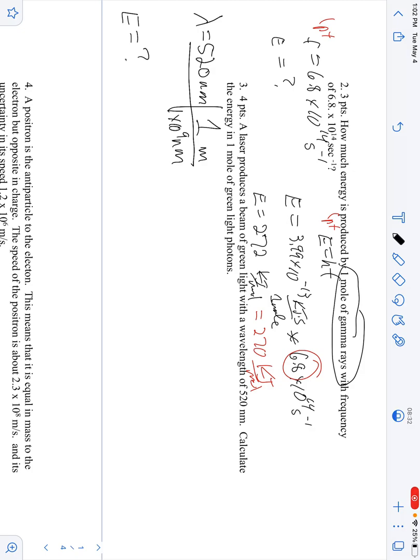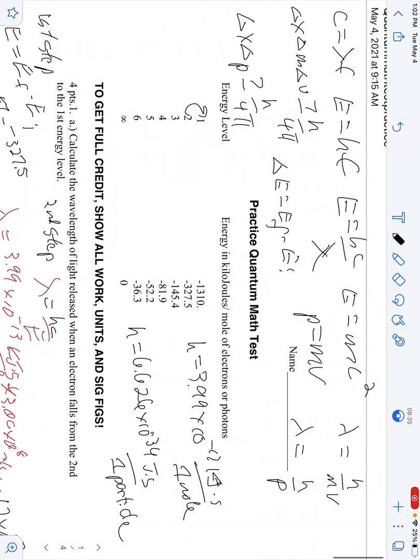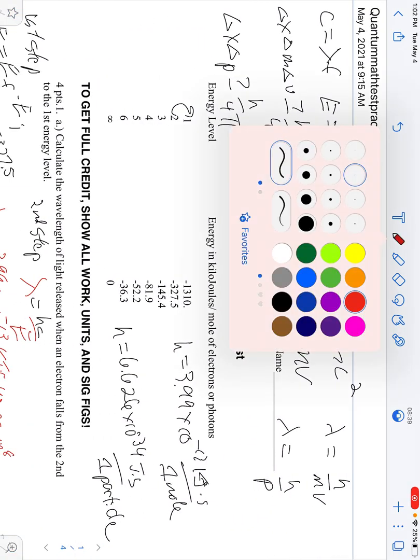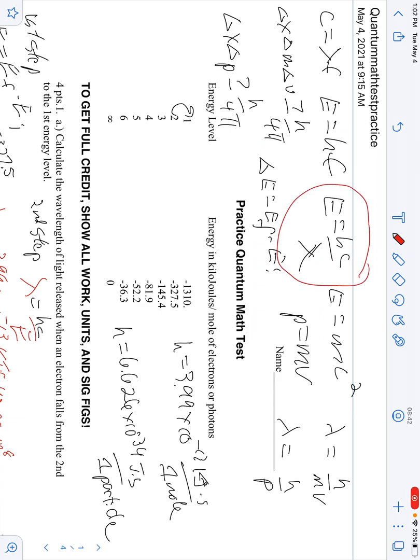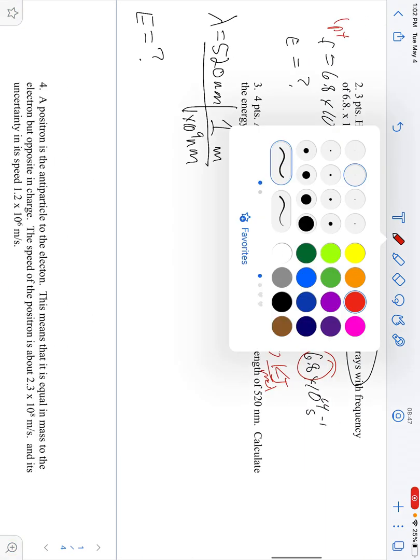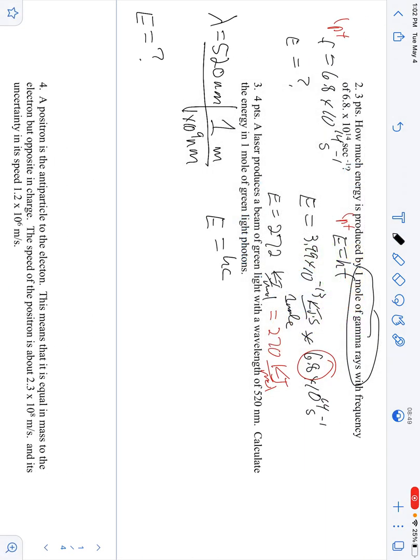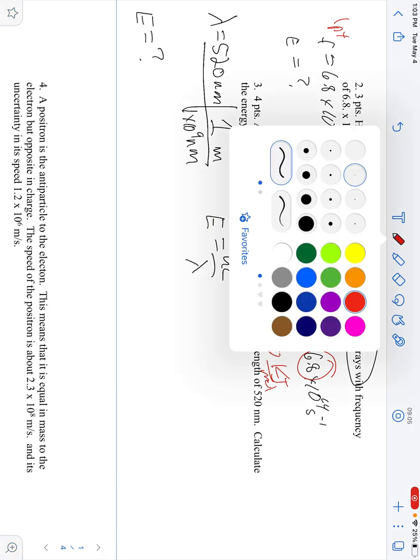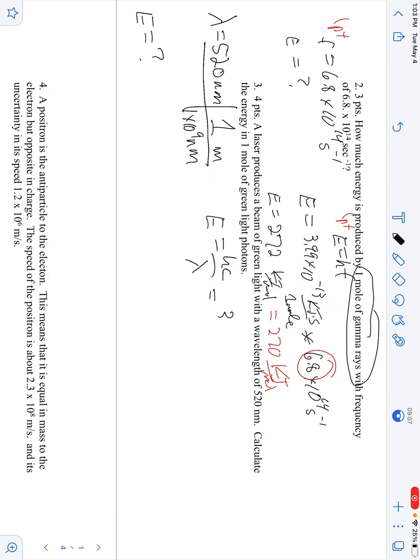We're trying to find energy. And once again, there's only one equation that's got E and lambda in it, and that's this one. So my equation is going to be E equals hc over lambda. We're calculating the energy, so it's already solved for E. We don't have to do any algebra, that's nice. So we can just plug in our numbers.